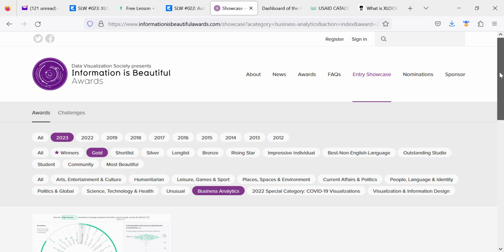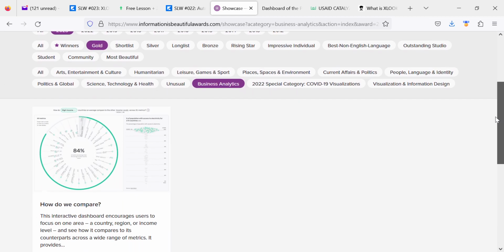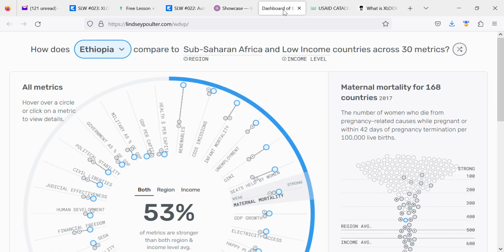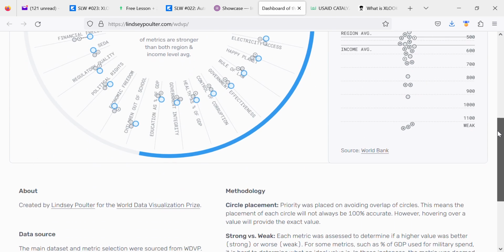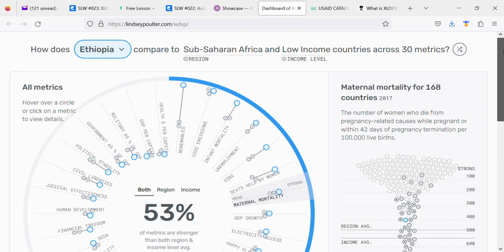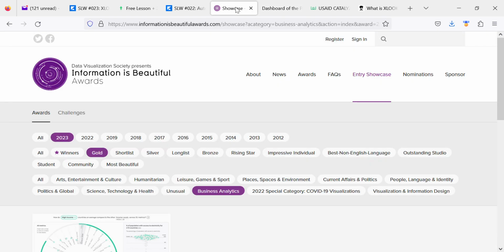I would like to say congratulations to the creator, Lindsay Poulter, and I would also like to thank the Data Visualization Society for sharing this data to be used by government and other concerned parties.